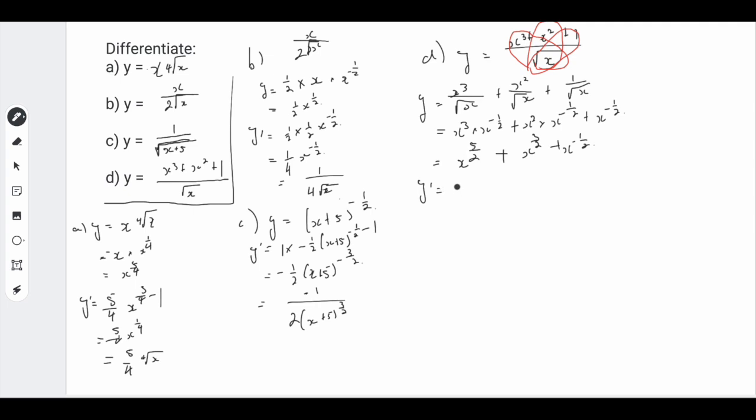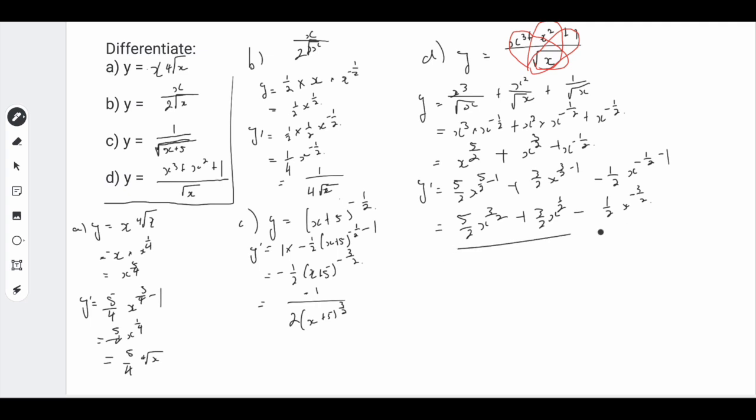So we bring the 5 on 2 to the front, 5 on 2 x, and then it's 5 on 2 minus 1. Bring the 3 on 2 to the front, 3 on 2 minus 1. And then finally, I'm just going to write this as bring minus half to the front, and then x to the power of minus a half minus 1. So let's simplify everything. We get 5 on 2, x to the power of 3 on 2, plus 3 on 2, x to the power of a half, minus a half, x to the power of minus 3 on 2.